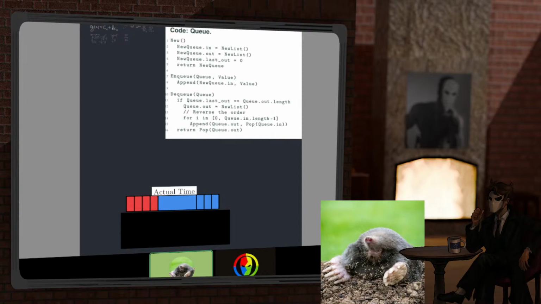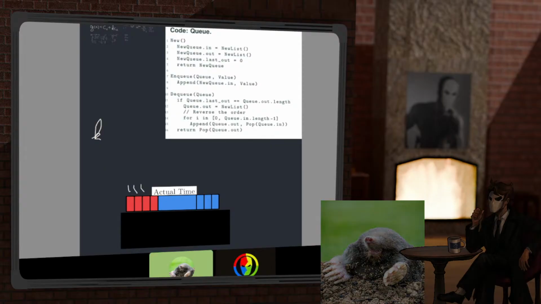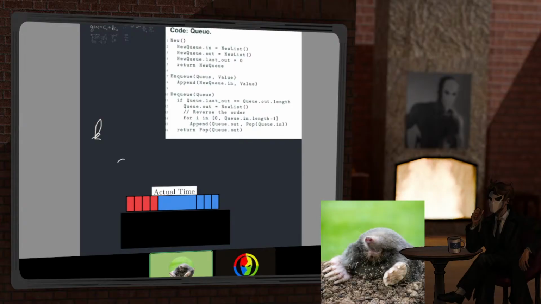If we wanted to describe this in numbers, let k be the number of inputs we did before doing a big output, and let C1 be the time it takes to do one input, one enqueue.